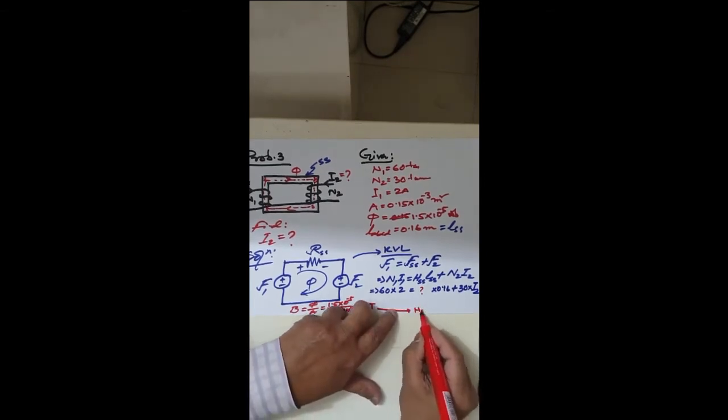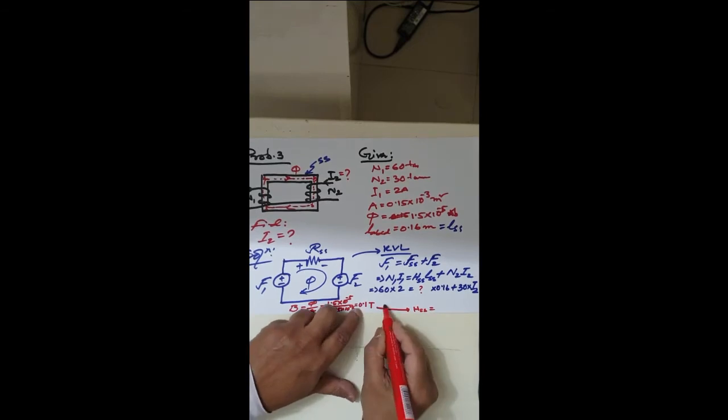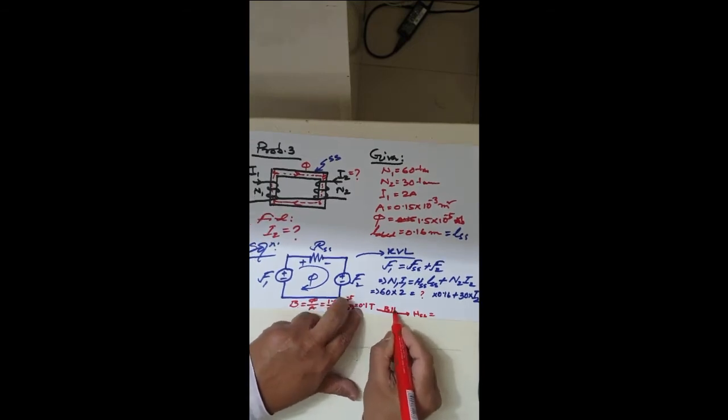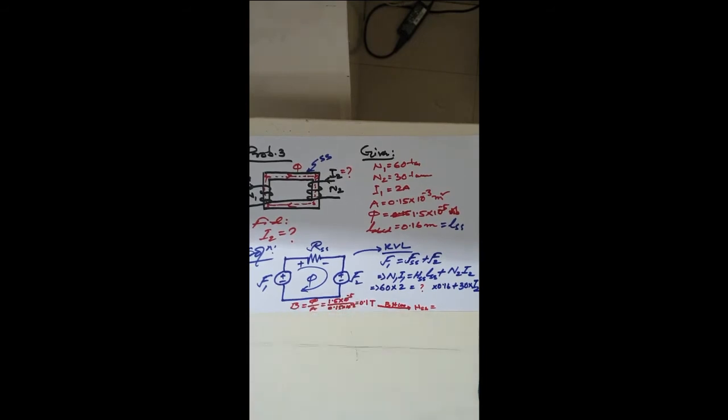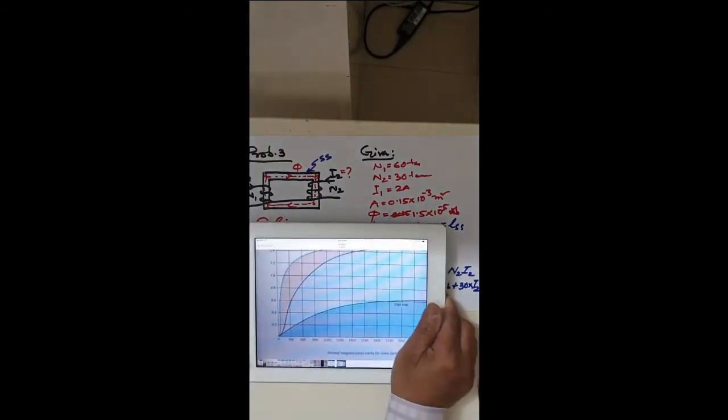The BH curve is going to give you the HSS. For 0.1 Tesla for stainless steel, let's go to the BH curve.